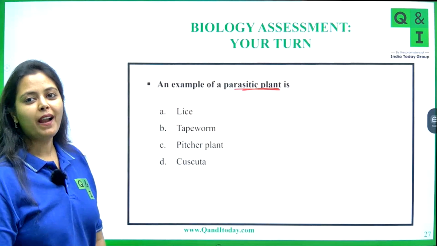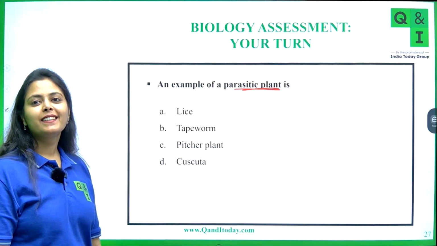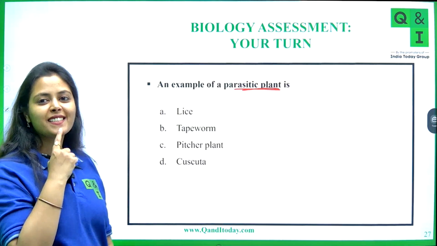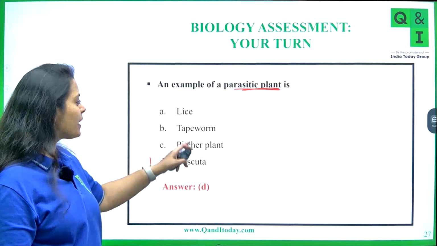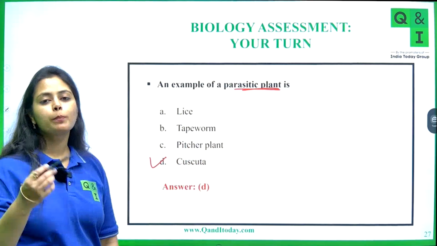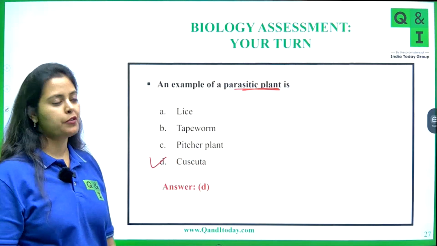Plant. Okay, rethink your answers. Yes, so the correct answer is option D, Cuscuta. Cuscuta is a plant. The rest three are not plants. Pitcher plant is also a plant, but it basically performs the saprophytic mode of nutrition.